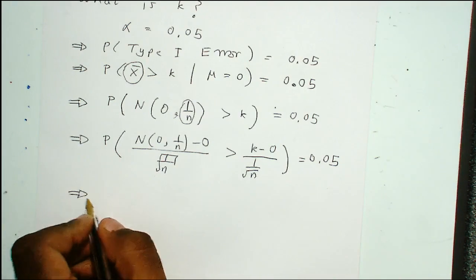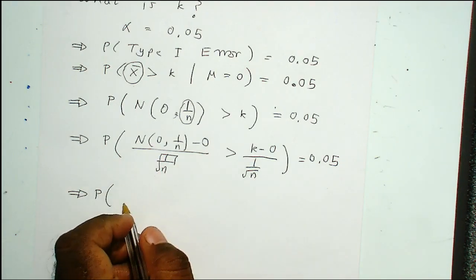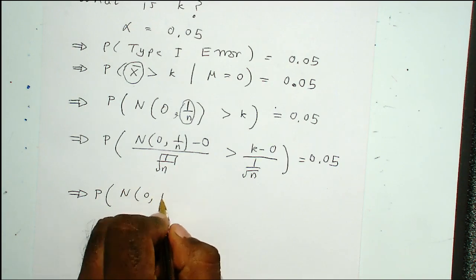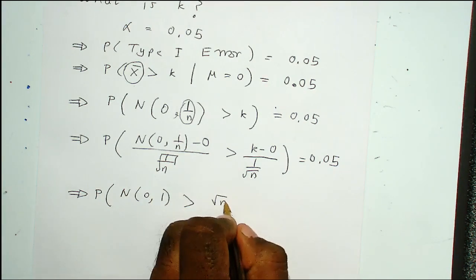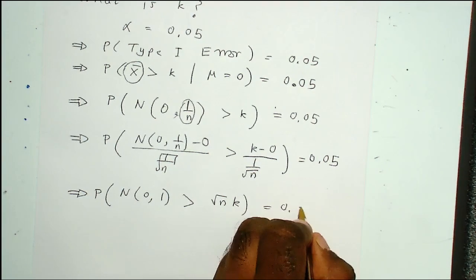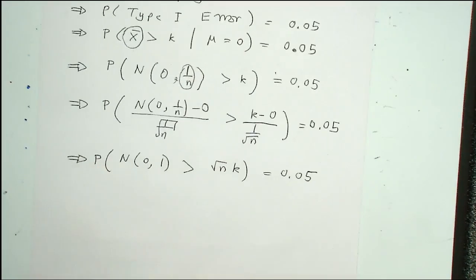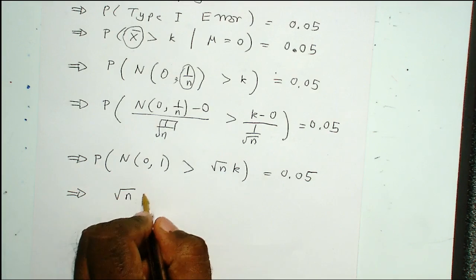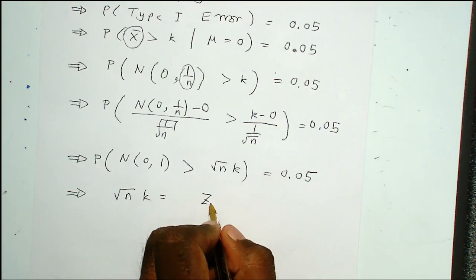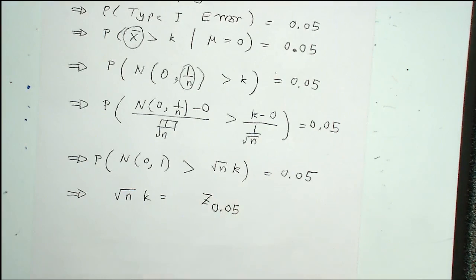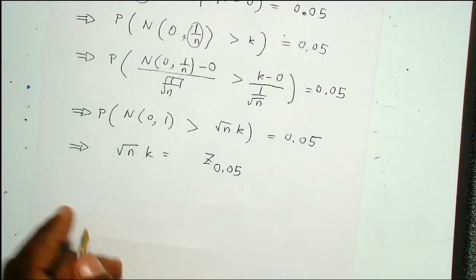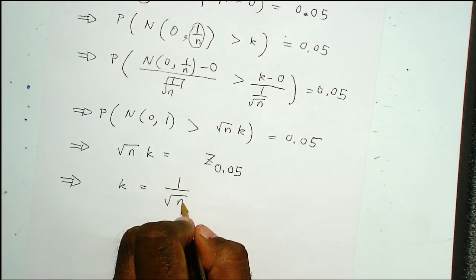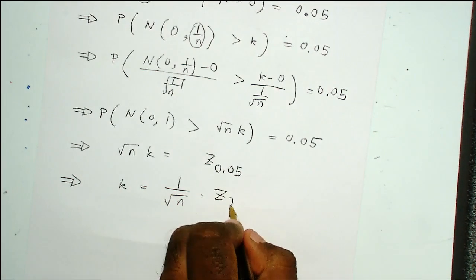This is the standardization you're all familiar with. So this will be N(0,1) greater than root n times k. All right? So that means root n times k is equal to z, and therefore k is equal to 1 over root n times z.